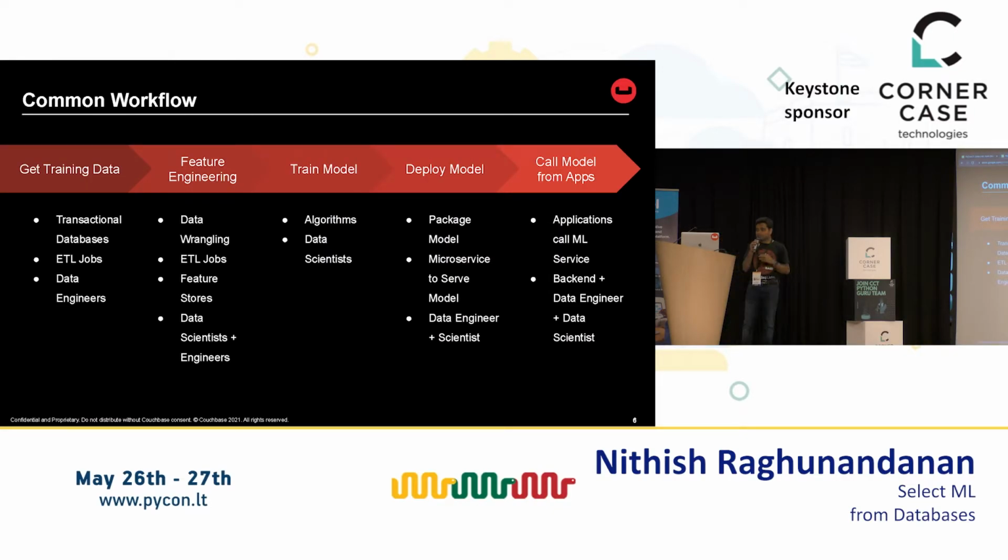And this is one of the common workflows that you see when you deploy a model. So you start with getting some training data, and typically your application data would be in transactional databases like Postgres or even NoSQL databases.